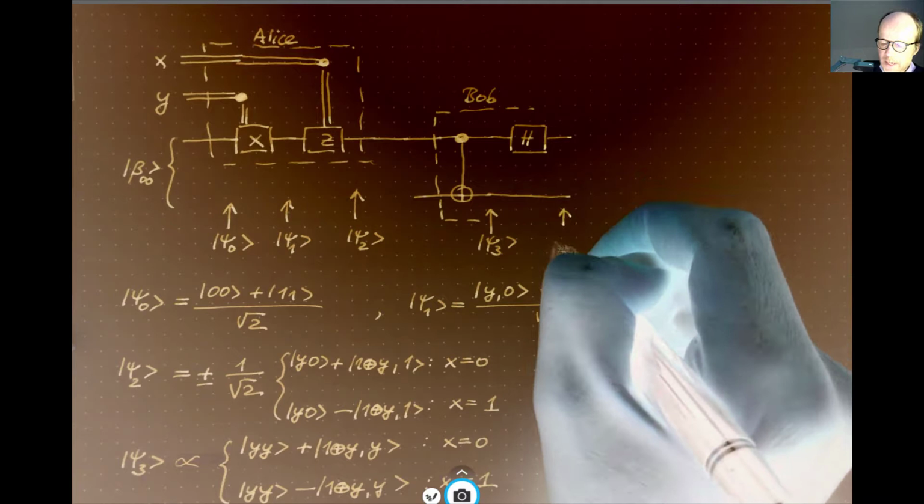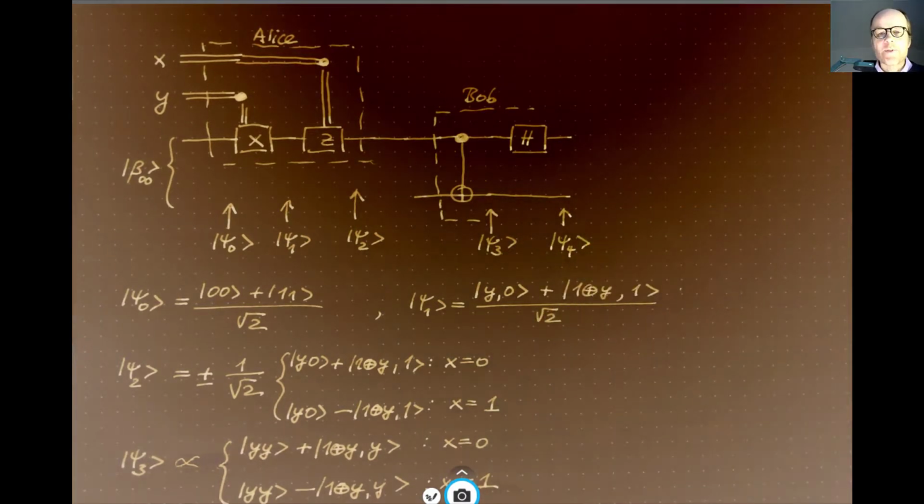And then let's finally see what happens after the Hadamard gate. If you look again at the state psi3, the second qubit is in the basis state y, and this will not change because the Hadamard applies only to the first qubit. Now, the first qubit is in a superposition state y plus 1 plus y, so the flipped basis state.